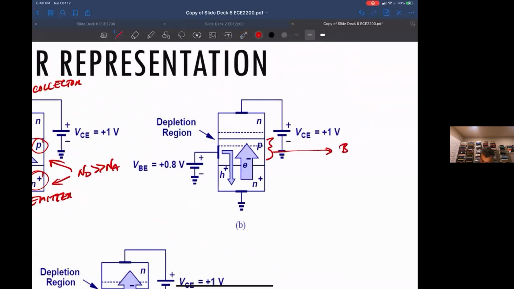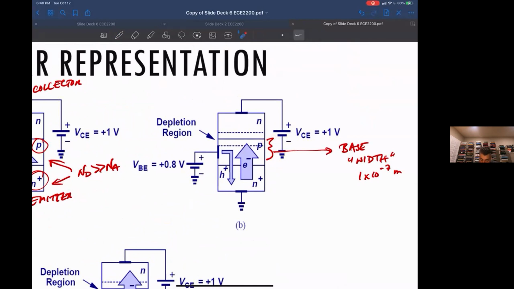The base width, meaning the actual size of the base, might be 1 times 10 to the minus 7 meters. So we're talking about a very small distance between this junction and this junction. Physically a very, very small distance.